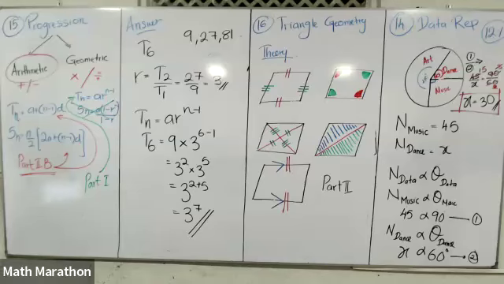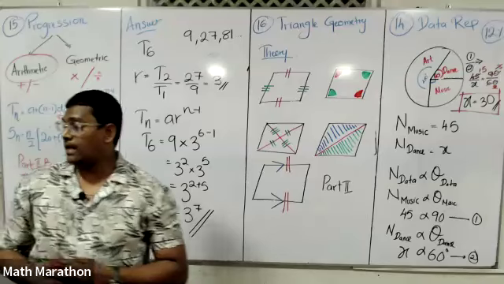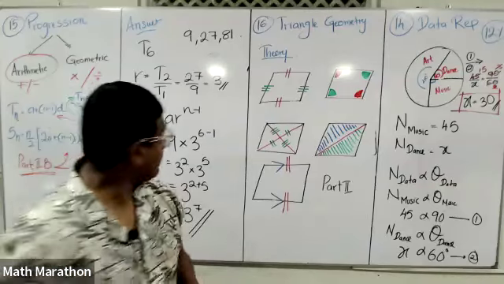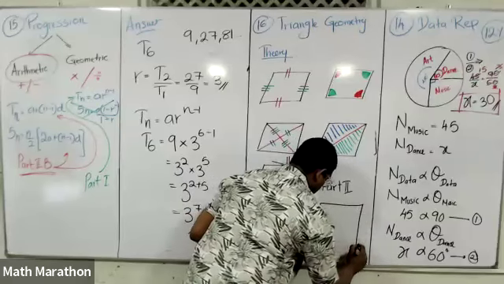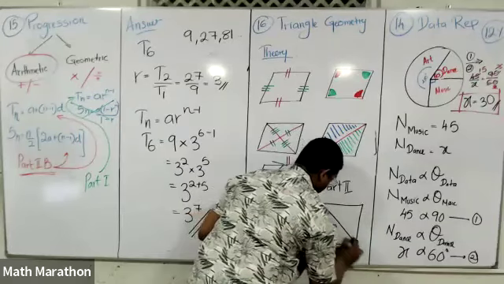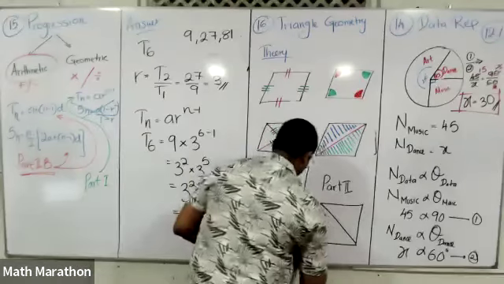Now we'll go for the answer. Area of the triangle ABD. So there is a parallelogram, I need to draw it. ABCD.